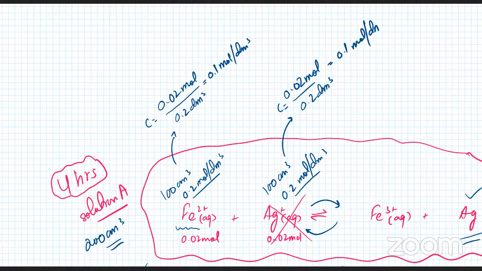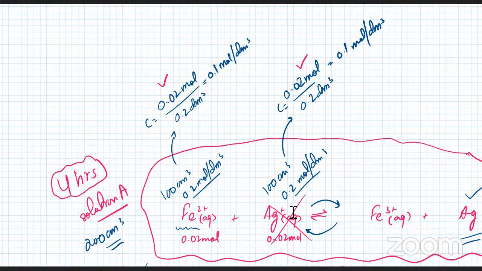Sir, can you explain this again? The initial concentration was 0.2 mole per dm cube when they were not mixed, right? He took 100 cm cube, 0.2 mole per dm cube. He took another 100 cm cube, 0.2 mole per dm cube. So how many moles did we add? We added 0.02 moles of both of them.